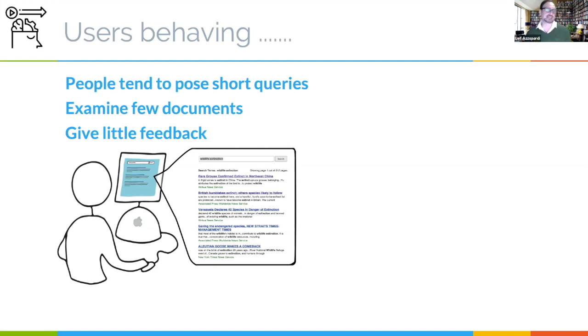So, you know, we see things like people tend to pose short queries, and there was a lot of work asking why they are typing in short queries. They only examine a few documents. I mean, they're lazy. They don't even look deeper than the second page, and they give little feedback. I mean, there's not even any relevance feedback on pages anymore, right?